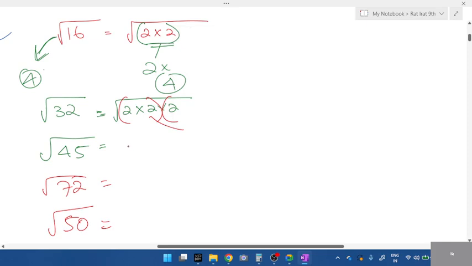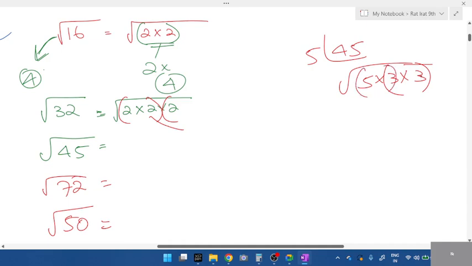Is it 15? 5 into 3 into? How can you pair 5 and 3? Whatever you like, you shouldn't pair. 3 and 3 have to pair. Take out 3 once, right? 3 root.